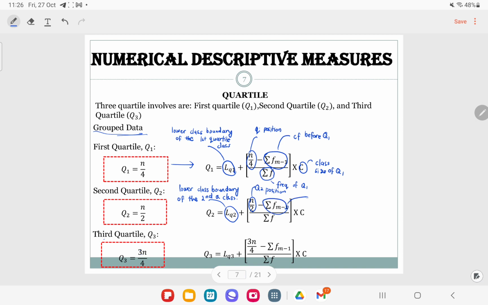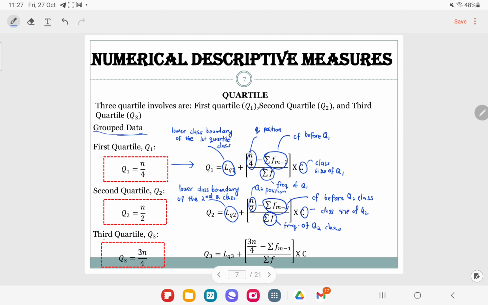Summation of Fm minus 1 is the cumulative frequency before the second quartile class. Summation of F will be the frequency of the second quartile class. C will be the class size.